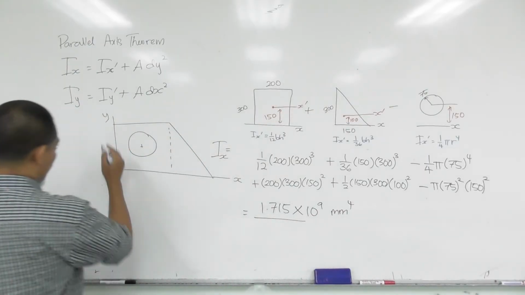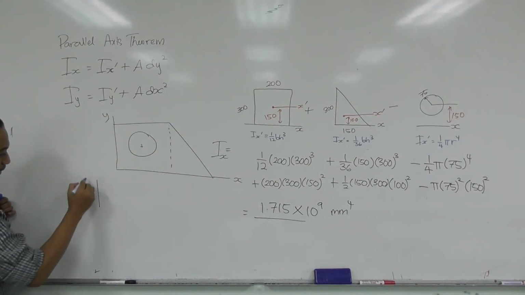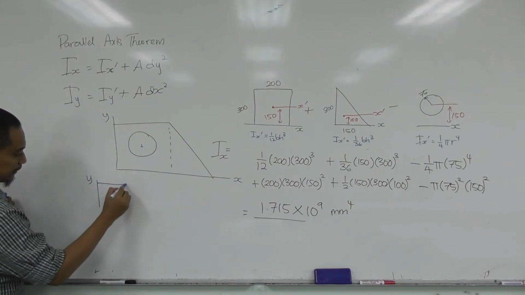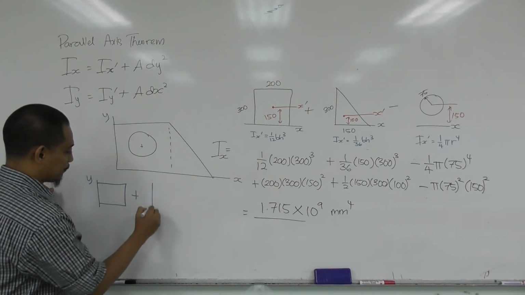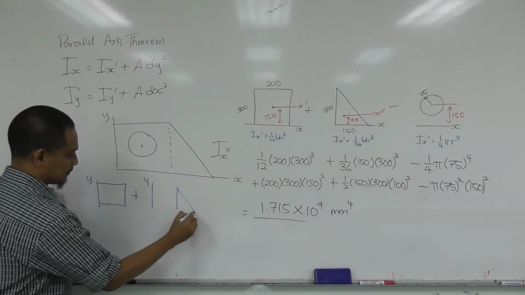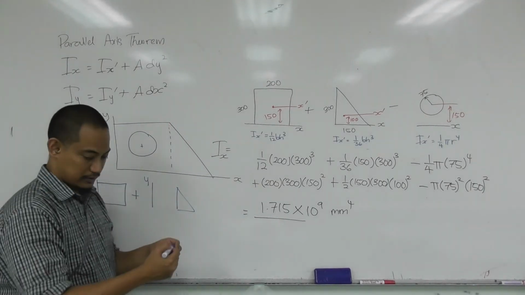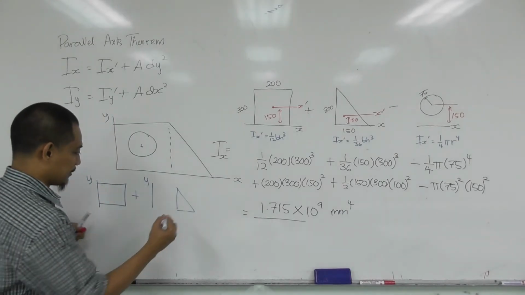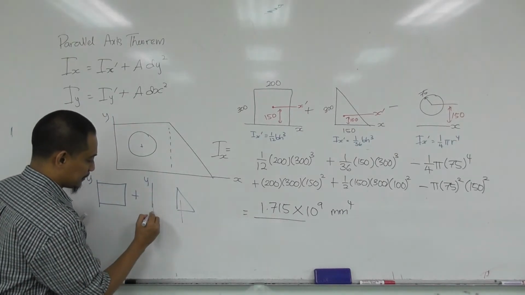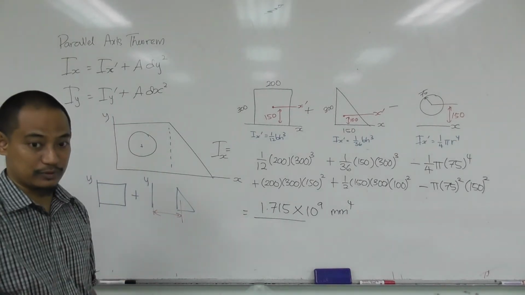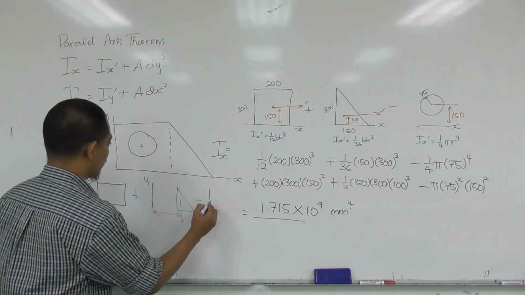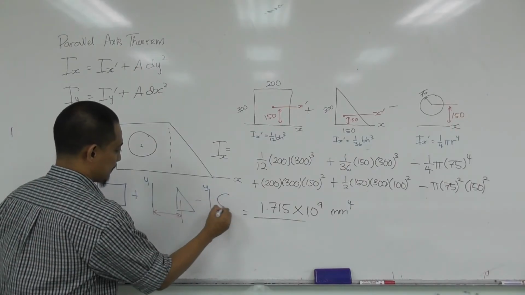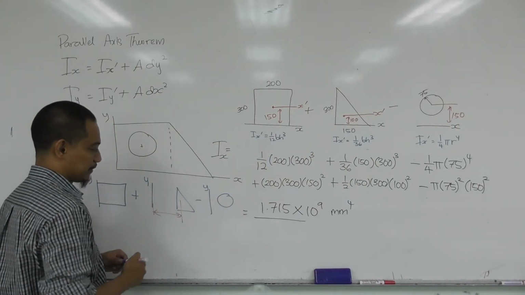So for this one, you have the y-axis and then the rectangle. Then plus, you have the y-axis and then the triangle like this. You notice here the dx will be something here, so make sure you know that. And then minus, you have the y-axis and then the center of the circle.